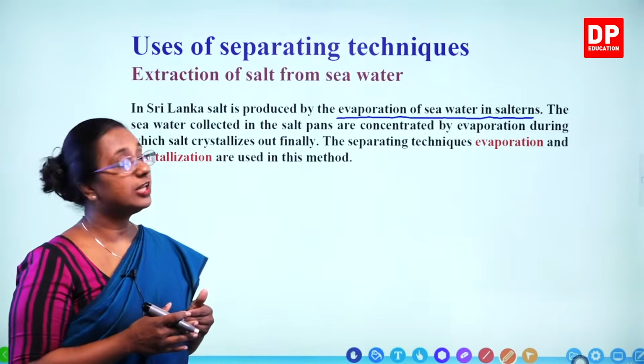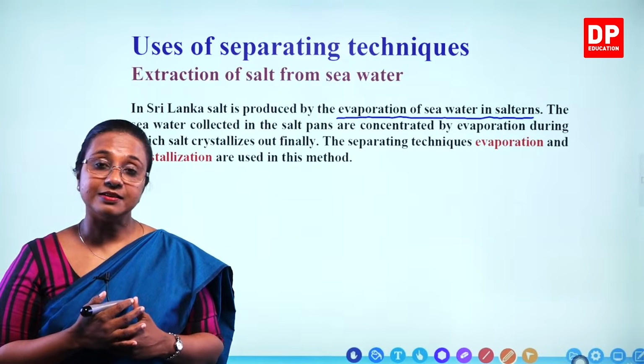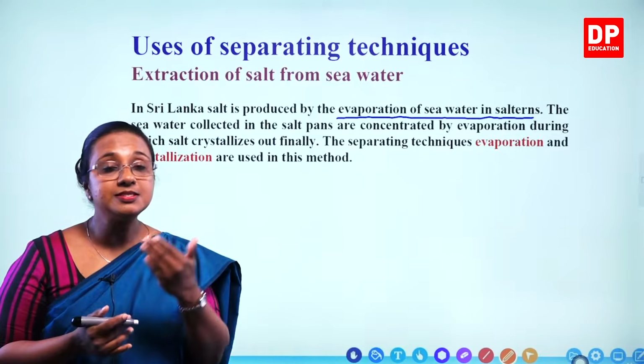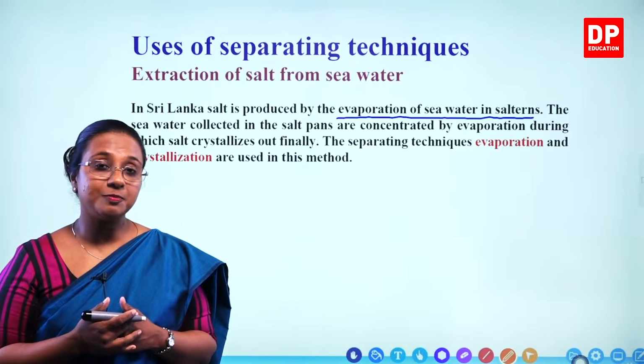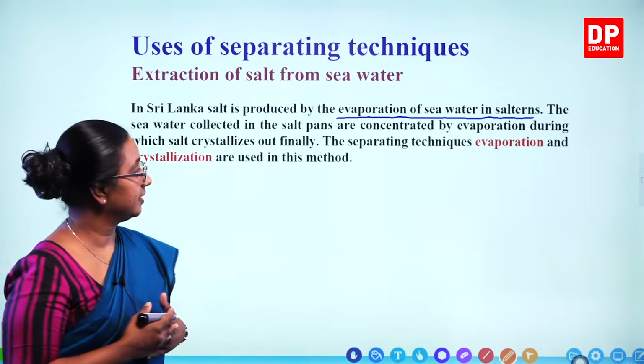When the water evaporates, the concentration of seawater increases and therefore the crystallization process takes place, and finally salt is precipitated.